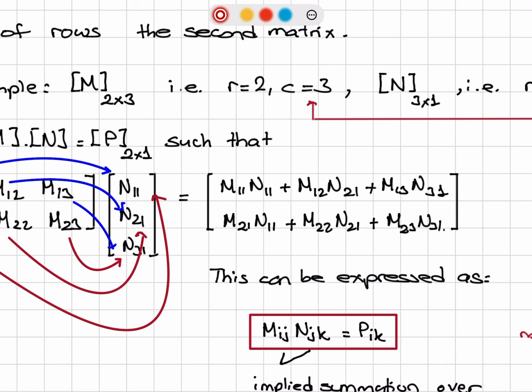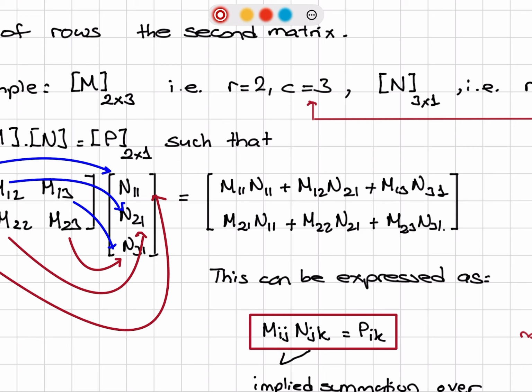For example, when i is equal to 1, we have M11 N11 plus, because this is addition, M12 N21, and then M13 N31. So the j index can take three different values. So that gives us P11.